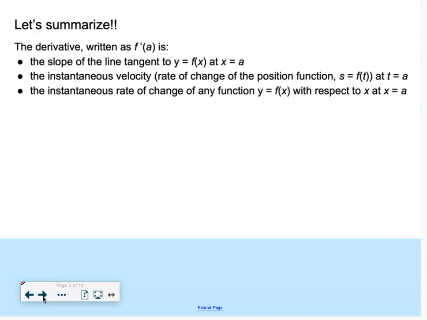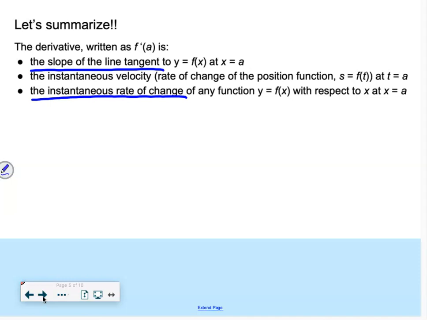Okay, little quick summary. So again, I'm going to say this, the derivative gives you the slope. The two main things that you need to know are that the derivative gives you the slope of the tangent line, which is the same thing as the instantaneous rate of change.